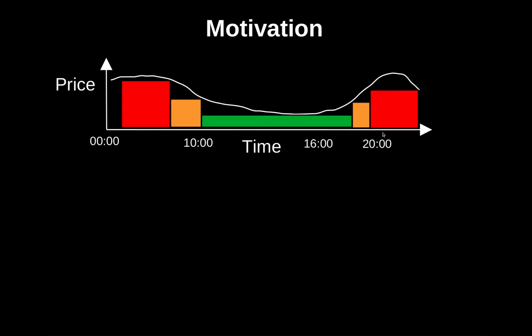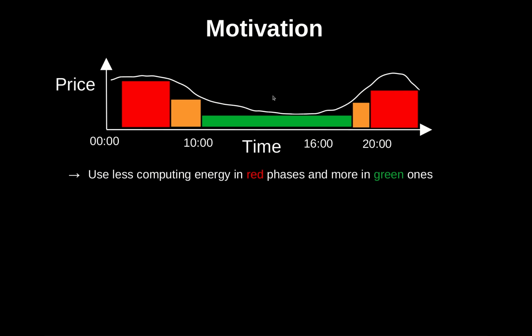So, what we observe is that there are those red phases where energy production is CO2 intensive and energy cost is high, and then there are those green phases where energy production has low CO2 intensity and is also pretty inexpensive. So the key idea of EcoFreq is to use less energy for computing during the red phases and more energy for computing during the green phases.